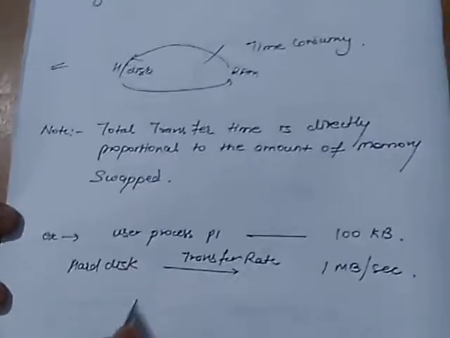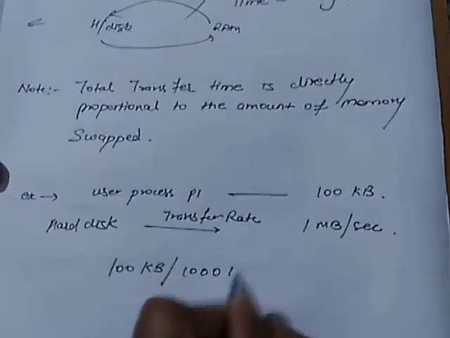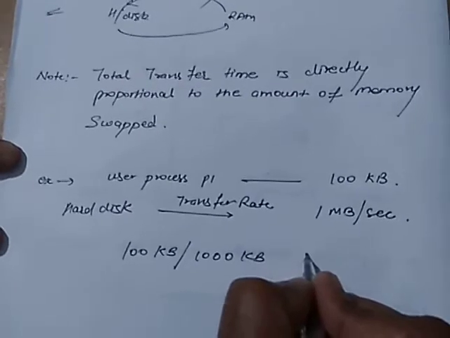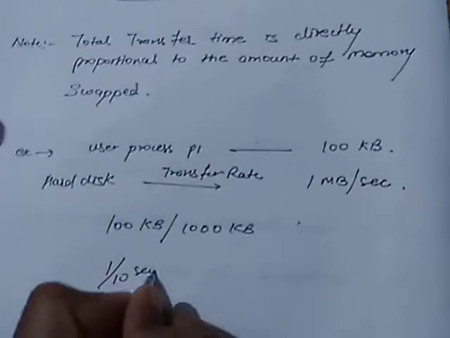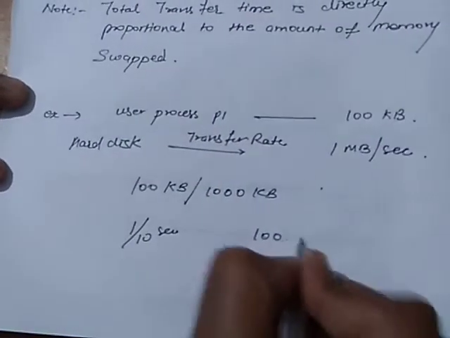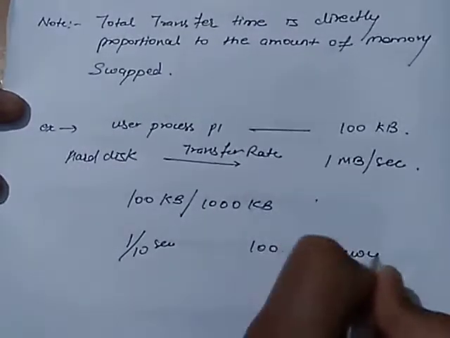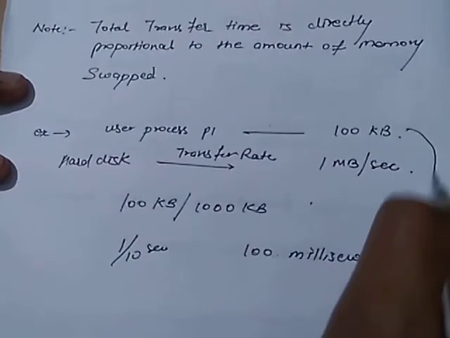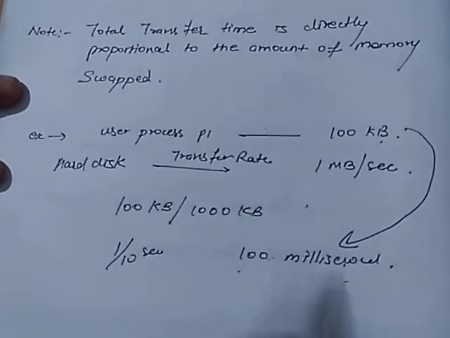Let us solve this numerical: 100 KB upon 1000 KB per second. So we get 1 upon 10 seconds, that is equal to 100 milliseconds. So 100 KB takes 100 milliseconds.